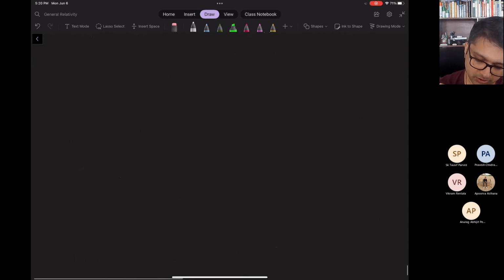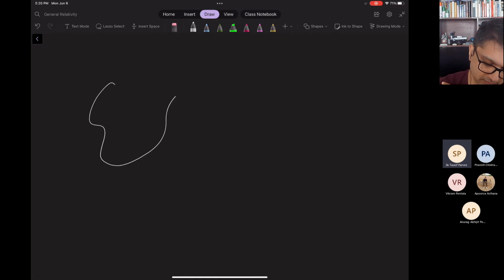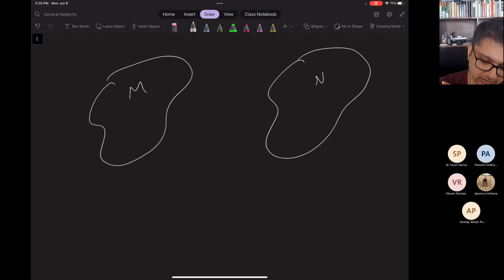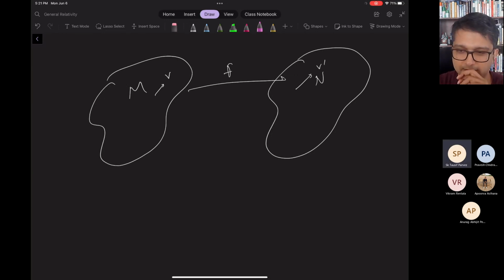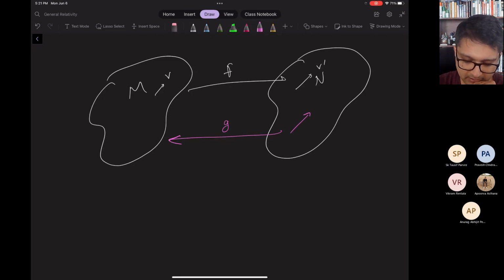Yeah. So okay, let's write that. So if you have M, you have N. F will, if I have a vector here, push forward to a vector here. Right? Yes, sir. So now let's say we have one mapping from N to M. Yeah, G. So now let's suppose there's a vector here.